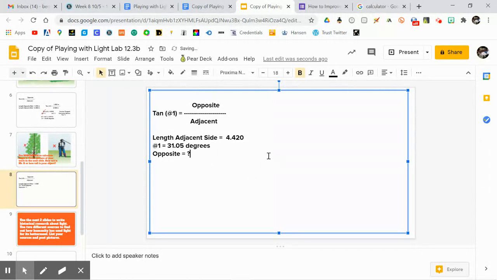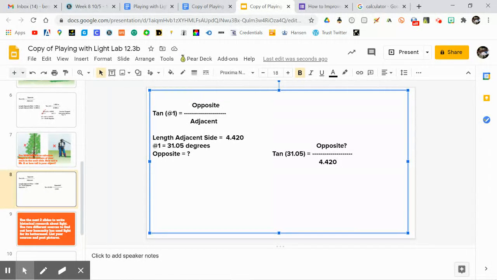Okay. And so now we plug all these numbers into our tangent equation. So I have that tangent of 31.05 is equal to the opposite side, which I don't know, divided by 4.420. And so now how do we solve this?